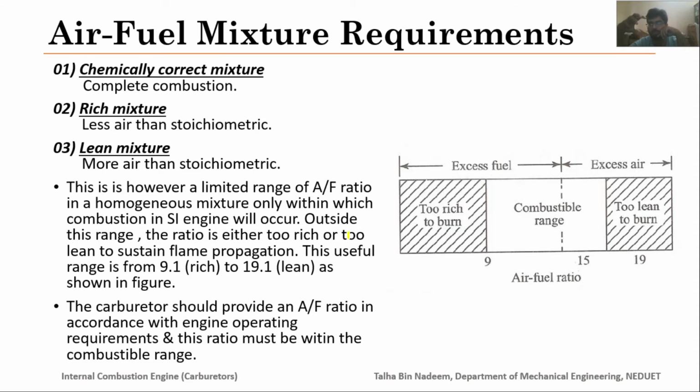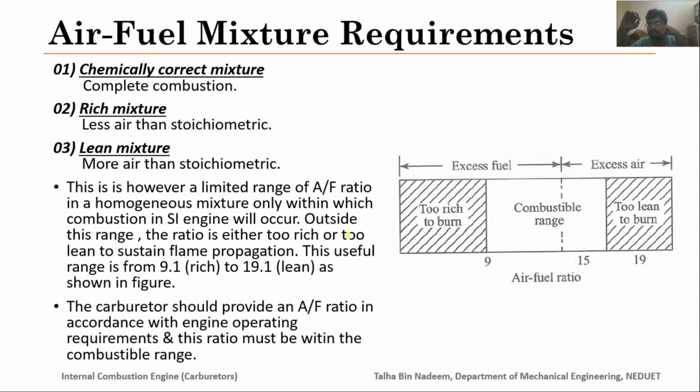For example, if one molecule of a fuel requires 10 molecules of air and you are providing that, then the combustion in that scenario would be chemically correct combustion. The combustion will be complete, and that mixture will be called a chemically correct mixture, since you have provided the exact amount of air which was needed for proper combustion.